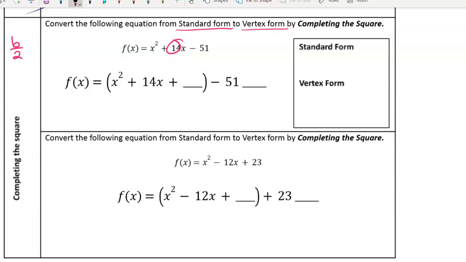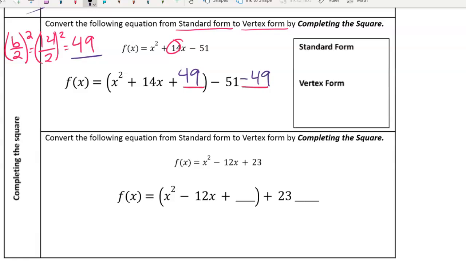So remember we said b over 2 squared in order to get the number that's going to be added and subtracted from the equation. So 14 over 2 squared, 14 over 2 is 7. 7 times 7 is 49. So 49 is the number that's going to be added and subtracted from the equation.